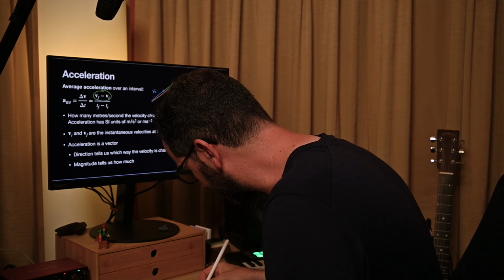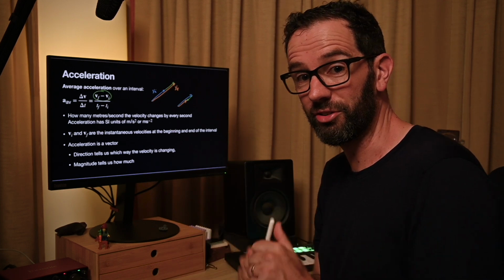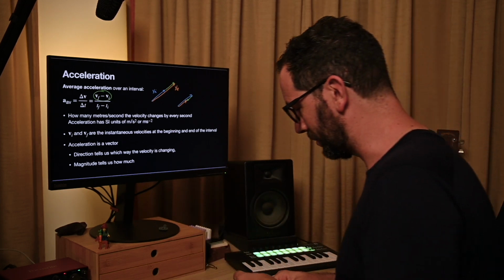If my acceleration was pointing the opposite direction, if my acceleration was this way, if my velocity got shorter, then you can see that my acceleration would have been in the opposite direction to my velocity, and that would cause the deceleration, or the slowing down, that we talked about before.